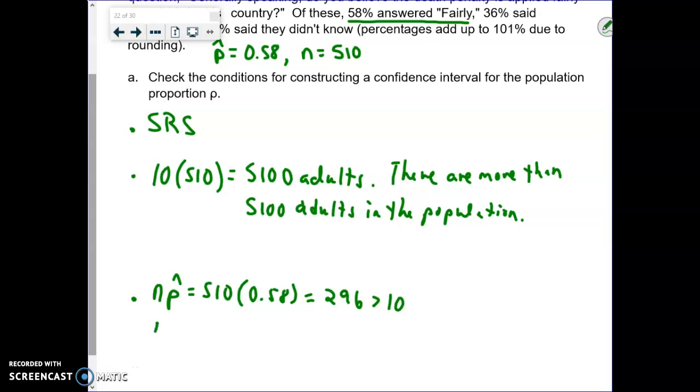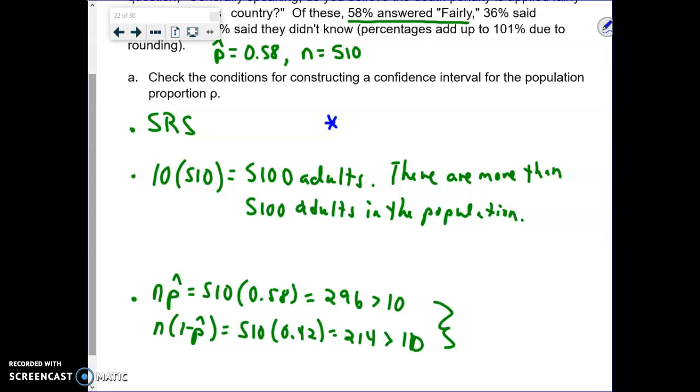And then n times 1 minus p hat, which is 510 times 0.42, is 214. And that is also larger than 10. So by these two being larger than 10, we know that our sampling distribution is approximately unimodal, bell-shaped and normal. So with all those conditions being met, we are okay to proceed.